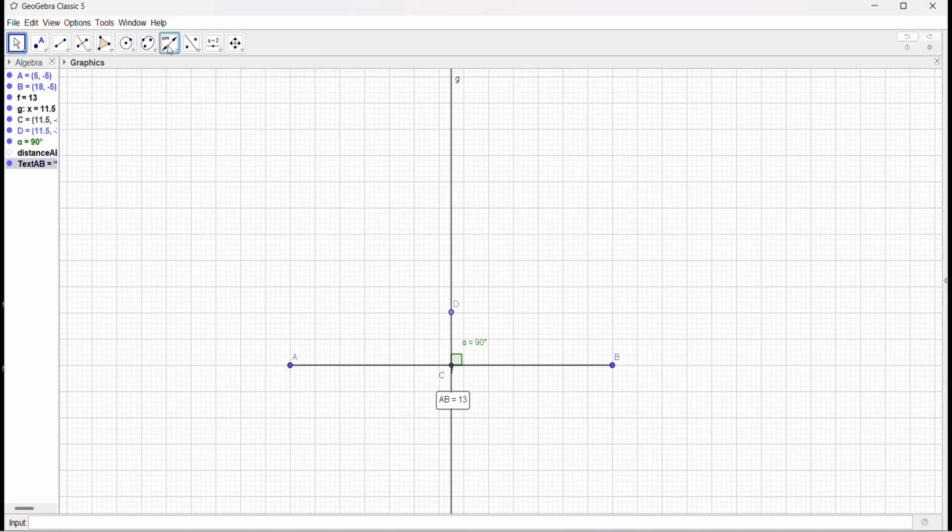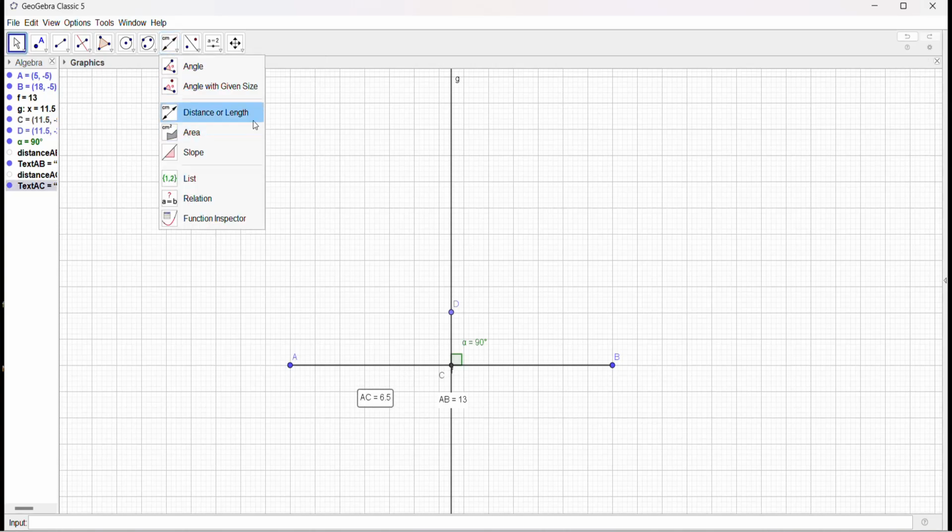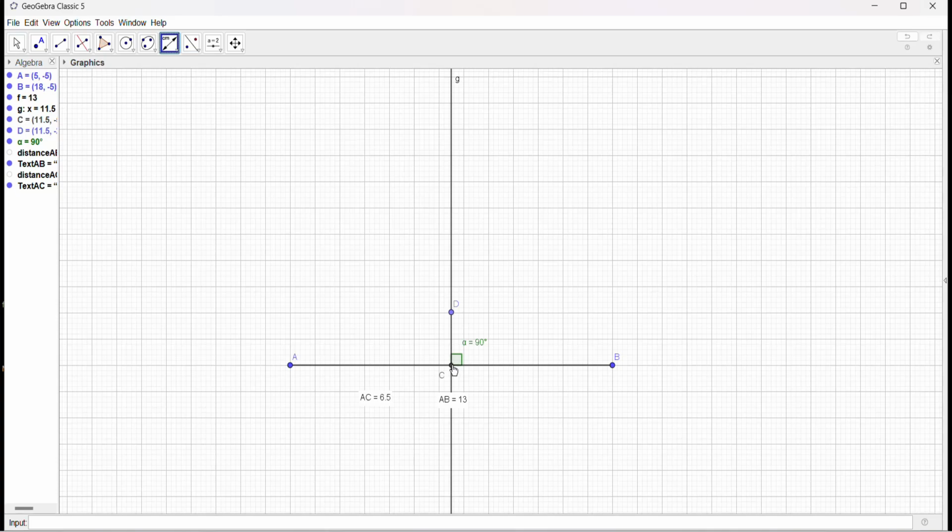Now let's measure line segment AC. The measure of line segment AC is 6.5 centimeters and the measure of line segment CB is also coming as 6.5 centimeters. So AB is 13 centimeters, half of 13 is 6.5. So it is correct. This perpendicular bisector is dividing the line segment into two equal halves, isn't it?